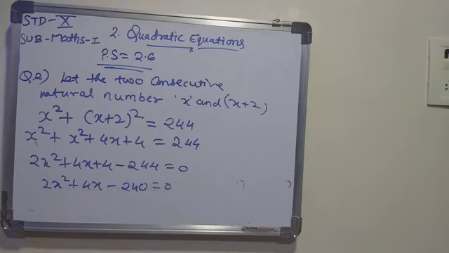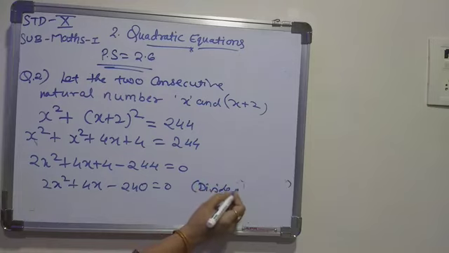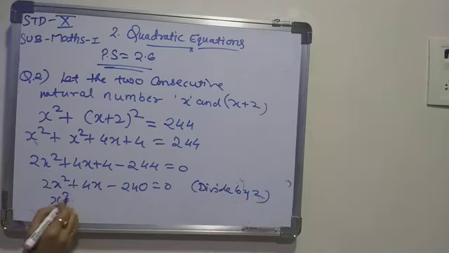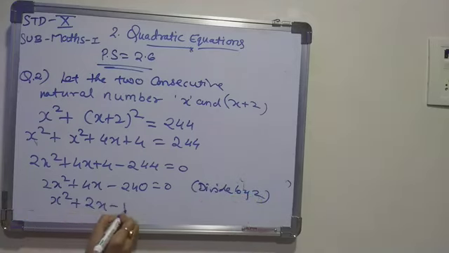You can take out the common. Each and every term is an even number, so you are going to divide each by 2. You will get x square plus 2x minus 120 equals 0.